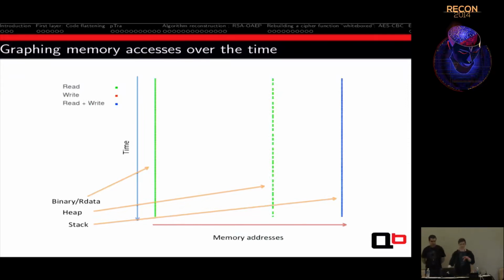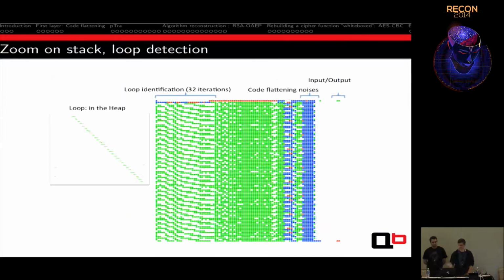And then by zooming on parts which correspond to a known algorithm. For instance, we got a big one with a very big basic block, and we don't know what it is doing. When we zoom on memory accesses, we clearly detect a loop that has been unfolded, a loop with 32 iterations.